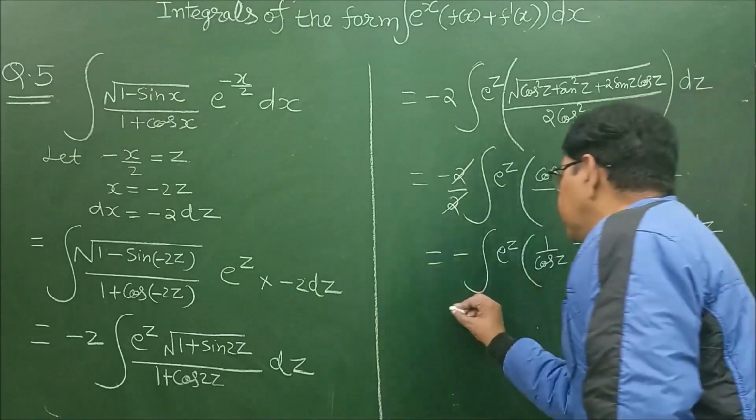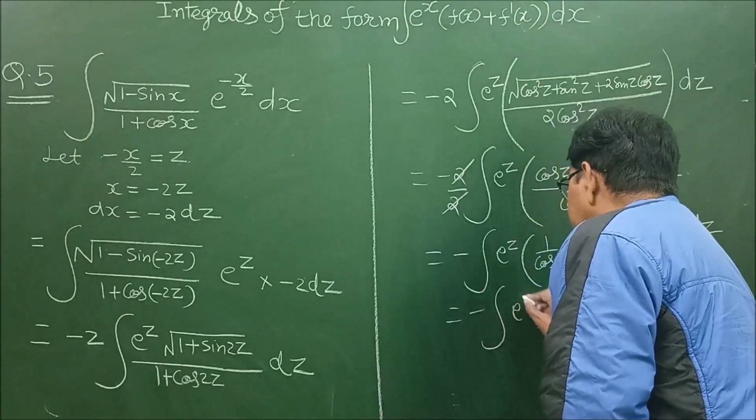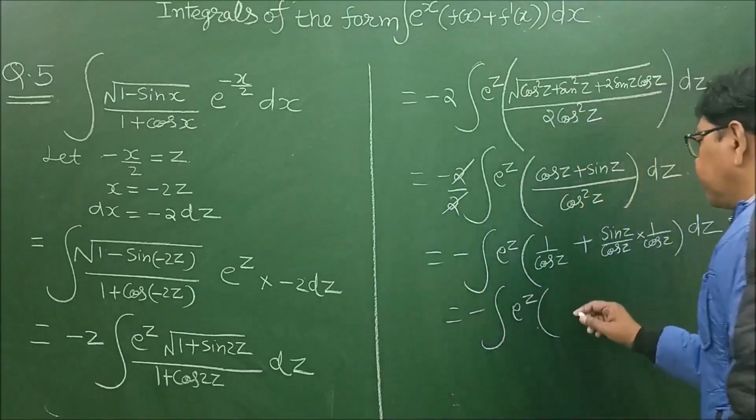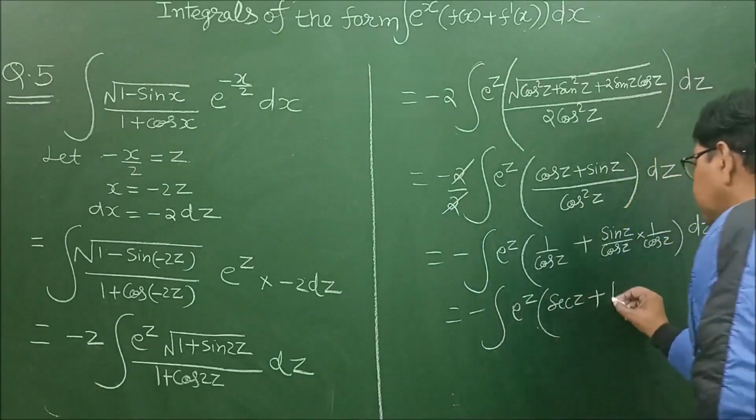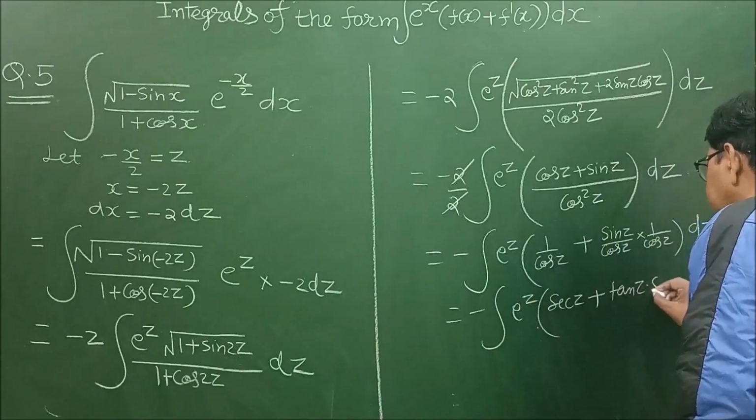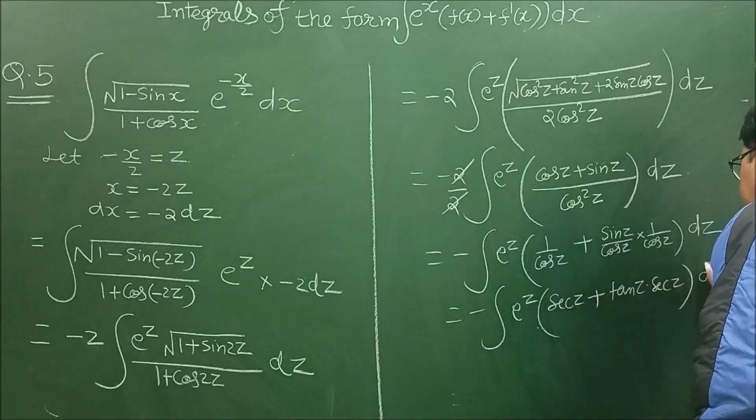So this is equal to minus integral of e raised to the power z, this 1 upon cos z is sec z plus sin upon cos is tan z into sec z, and dz.